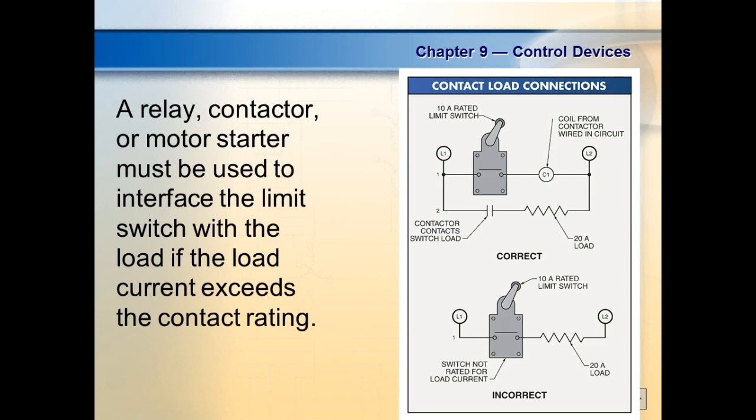My contacts are rated at 10 amp, and I'm trying to run a 20 amp load. Well, what would happen? It might run it for a little while, but it's not going to run it long, right? Eventually the contacts are going to burn out. But I could take that same relay, not even a 10 amp relay, maybe a 1 amp relay, a lot smaller relay. Limit switch, bring in a controller, bring in a relay, and then let the contacts of the relay run the load.